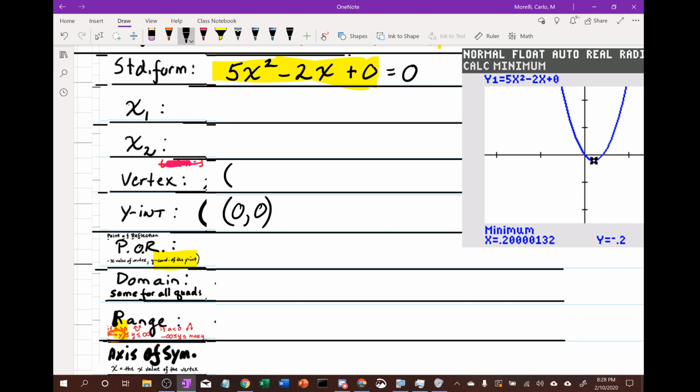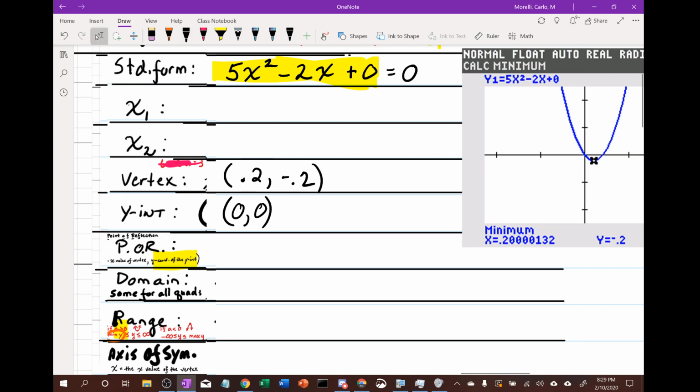Somebody tell me the vertex. 0.2, comma, negative 0.2. Negative 0.2. Good. Now we better go find our solutions, huh?